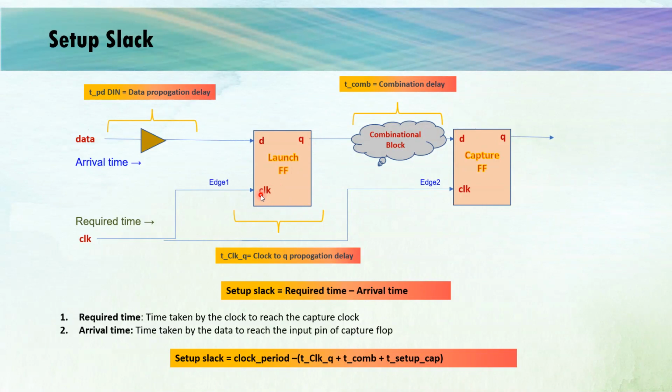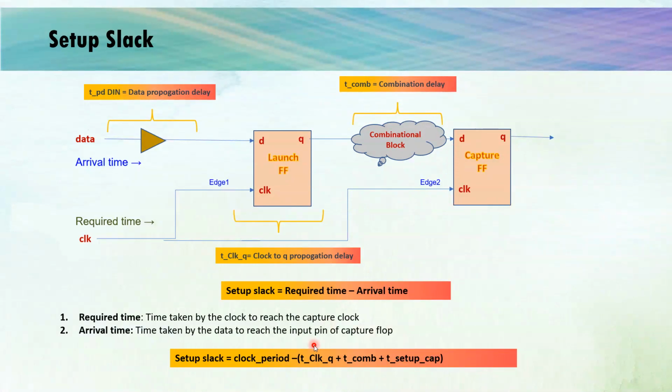In this example, there will be a delay from clock to Q for the data to arrive at the Q pin of this launch flop, then some combinational delay which this combinational block is taking, and then there will be some setup margin, the setup requirement of this particular flop.